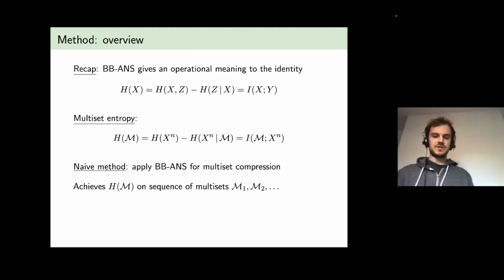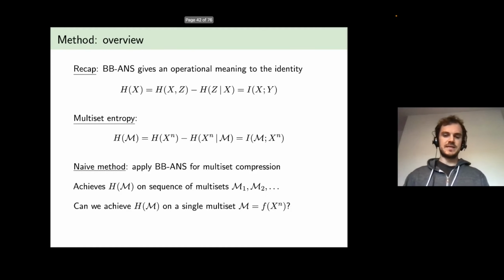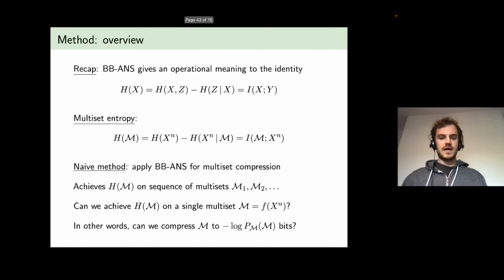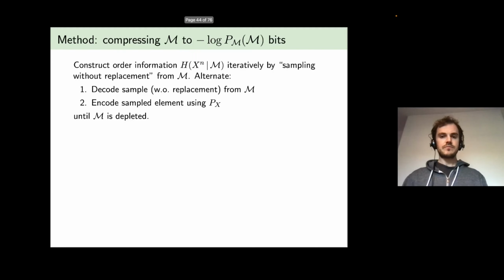But if you remember at the start of the presentation, what we're really interested in is achieving a rate equal to the entropy of a multiset for a single multiset, not a sequence. And this is equivalent to compressing a multiset down to its information content. That's the problem we're really interested in. We have come up with a way of doing this, and this is a form of BBANS.